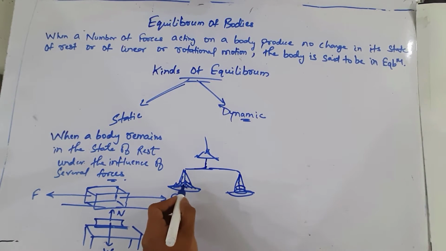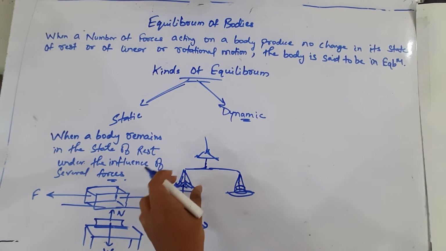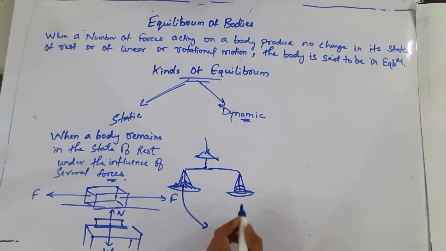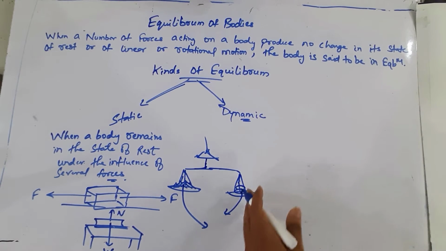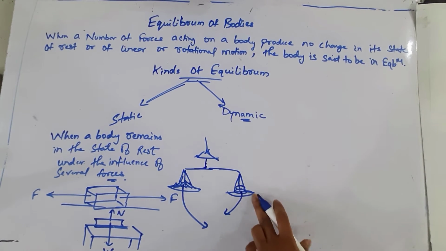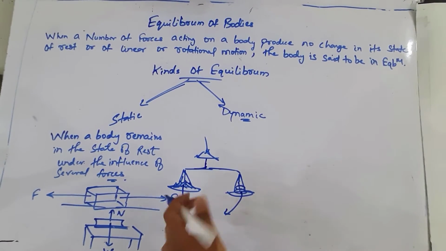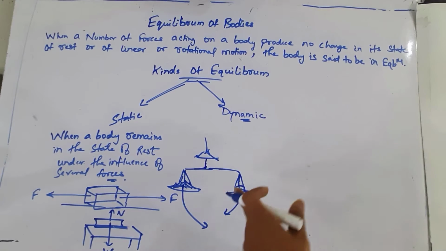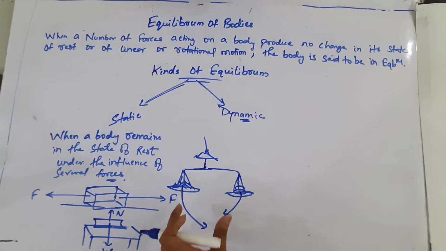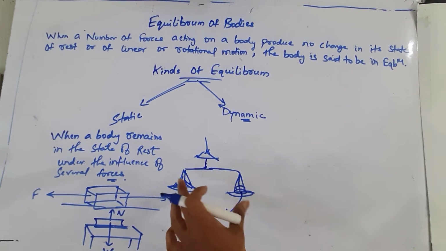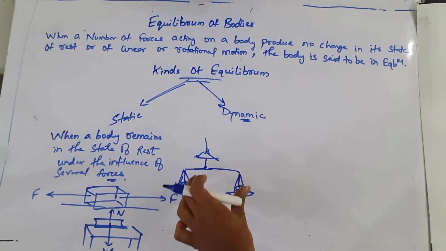So the anti-clockwise moment generated by the body placed on the left pan is the same as the clockwise moment produced by the weight placed on the right pan. So there is no net moment, that is the clockwise moment is the same as the anti-clockwise moment.